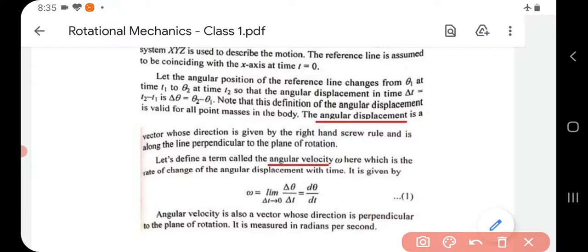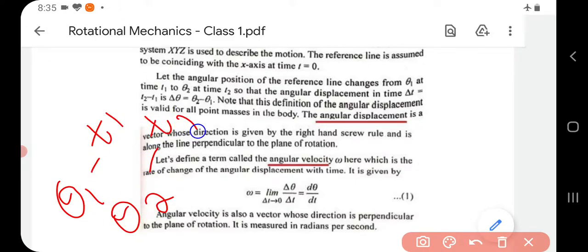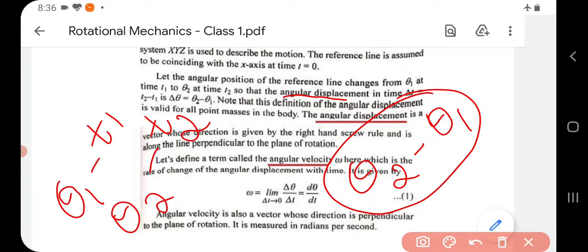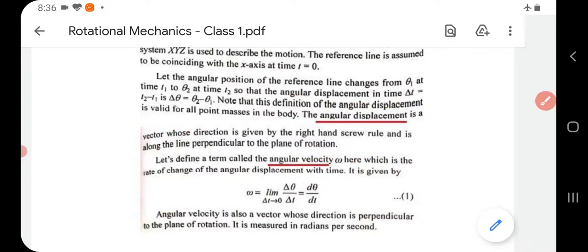Then the angular displacement in the time interval t2 minus t1 will be theta 2 minus theta 1. This will be the angular displacement. Okay, that is if angular position changes from theta 1 at time t1 to theta 2 at time t2, then the angular displacement is given by theta 2 minus theta 1. Here the angular displacement is a vector.